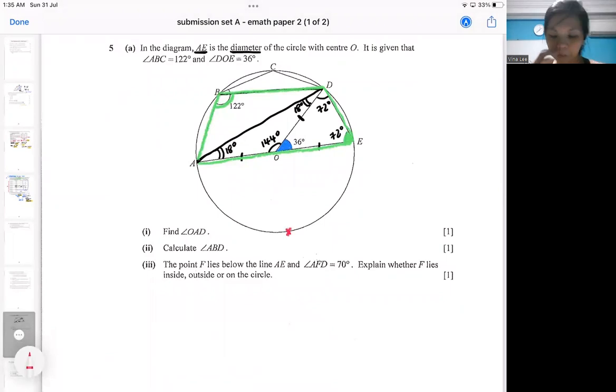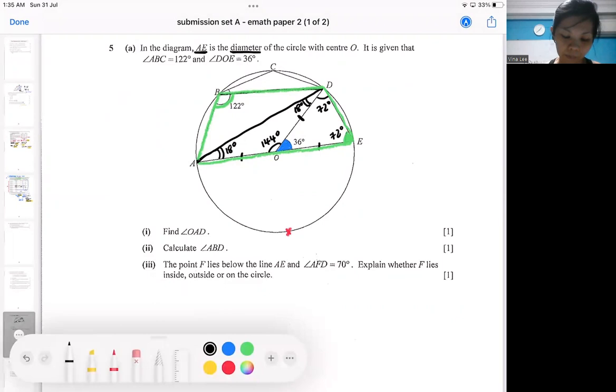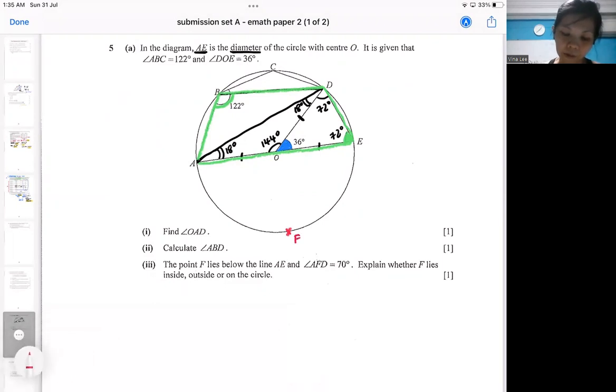I think the easiest one will be you assume that it is on the circumference first, then you try doing this. So you try to visualize the angle on the circumference. If it is on the circumference, I think it's quite easy. You can see this part. So this one should be divided by 2.